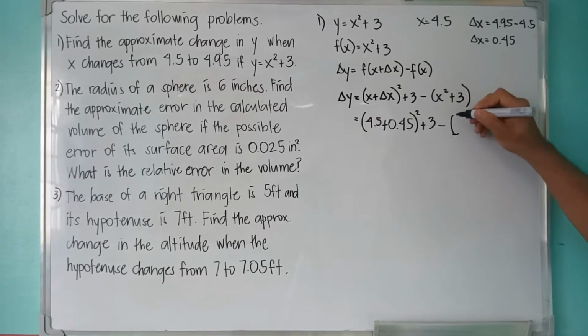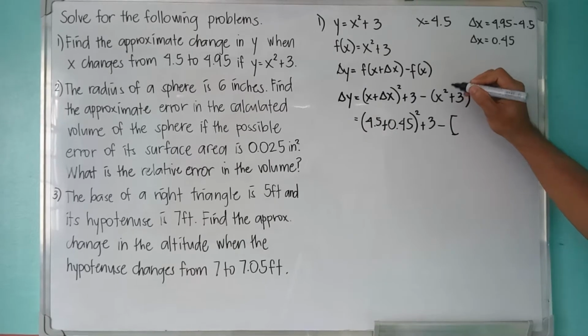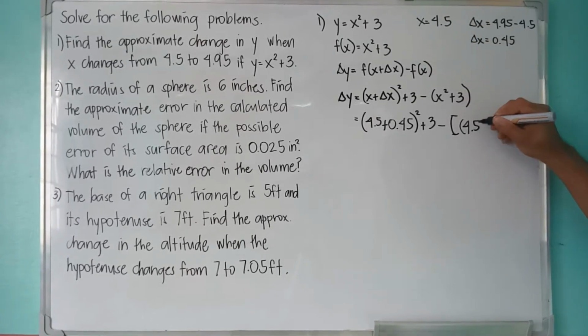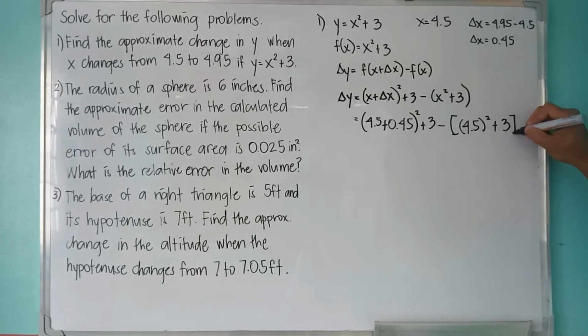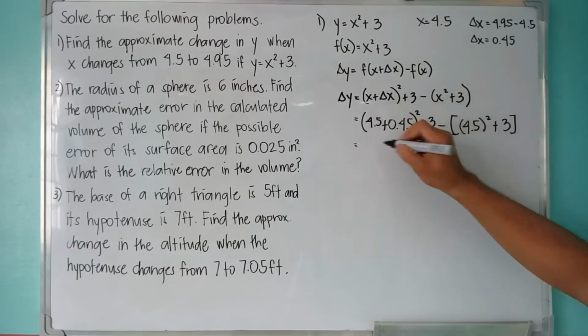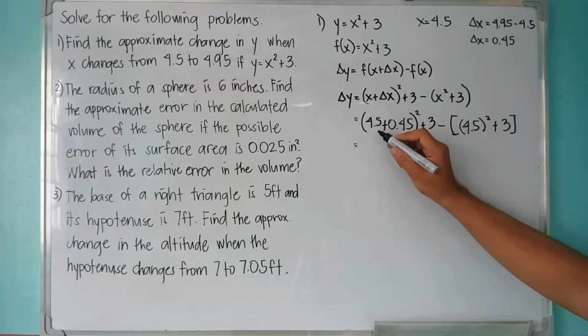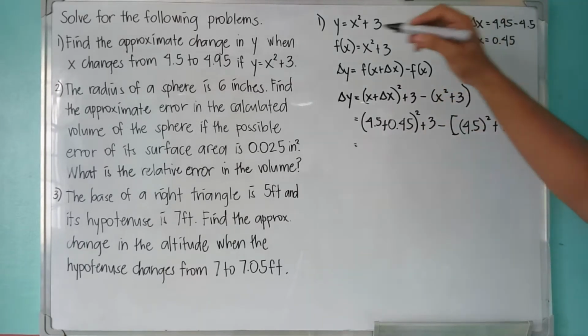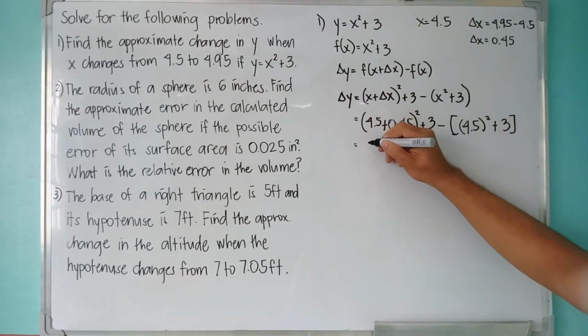Meron tayong x squared na ang value ng x natin is 4.5. So, 4.5 squared, and meron tayong plus 3. Di ba? So, bago natin i-input sa calculator, simplify na muna natin. Itong 4.5 plus 0.45 natin is, ito lang naman yan na 4.95. Di ba?